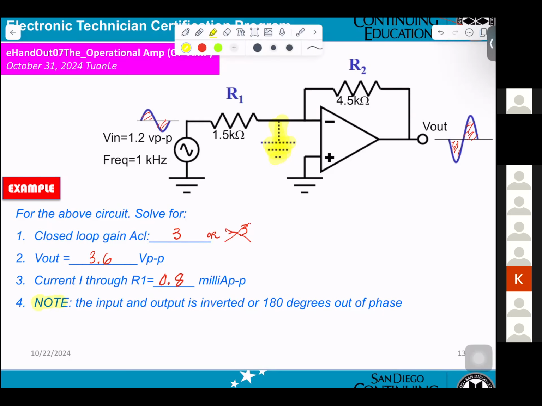See the note here. Input and output are inverted, 180 degrees out of phase. You understand that? That means input positive, output negative. Input negative, output positive.